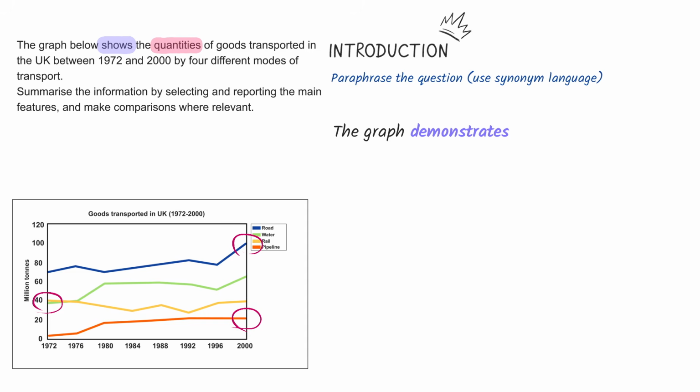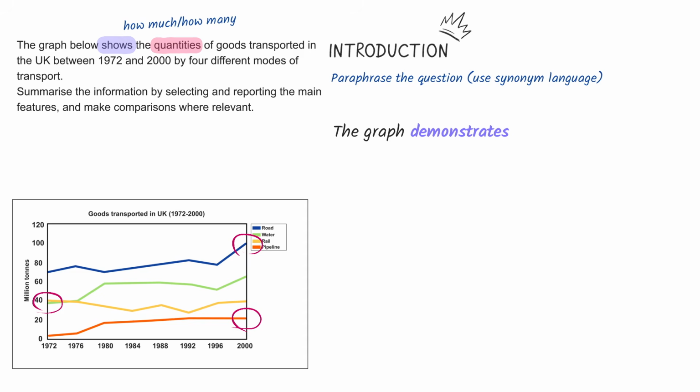So when we have the number of, the amount of, or the quantity of something, you can always paraphrase this to how much and how many. And remember that how much is for uncountable nouns and how many is for countable nouns.